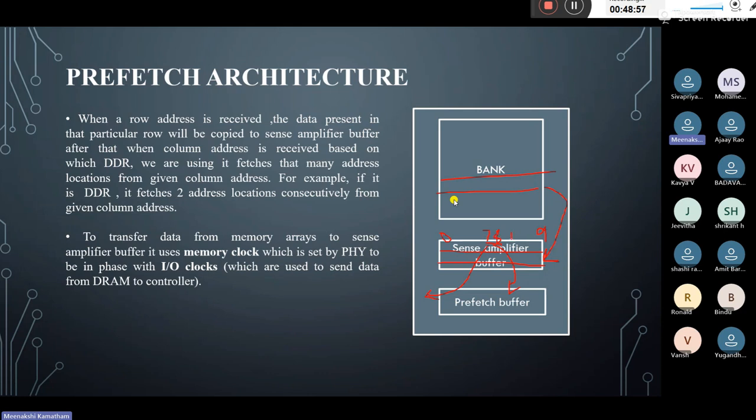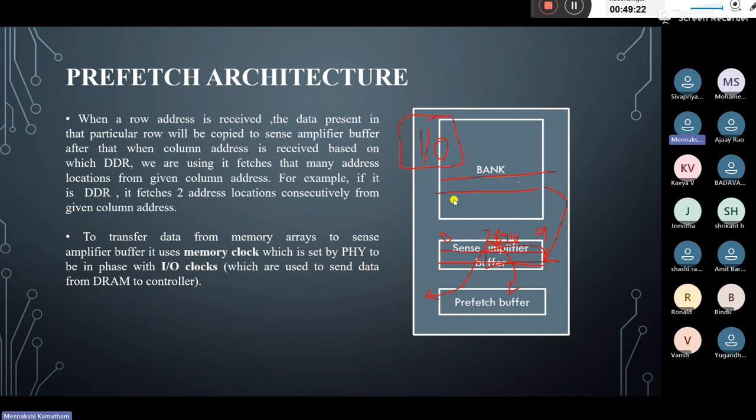So the sequential data beside it, after selecting that particular column, the consequent values, 4 and 8, based on that they internally take the whole data and store it into the IO buffers.